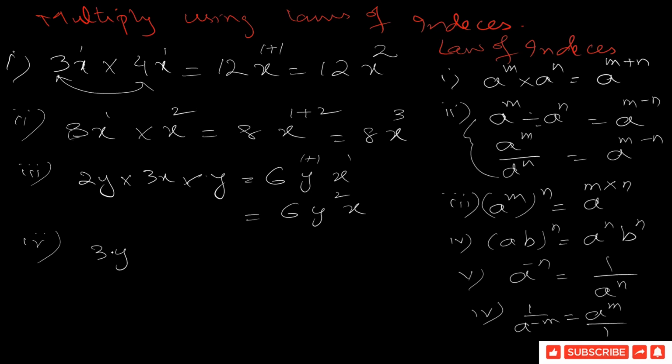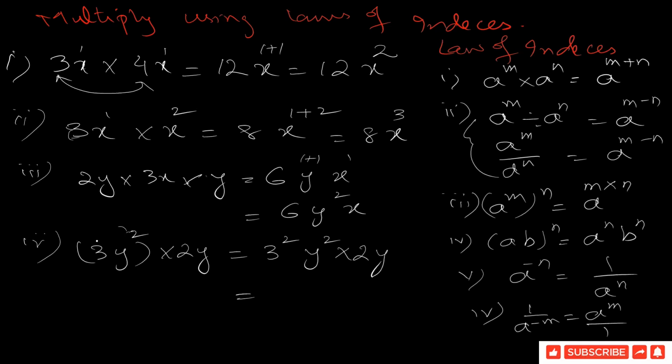Okay. Now next question: 3y squared times 2y. Here we are using two formulas, third and fourth. How? First of all, we apply the fourth one. You are multiplying this, making 3 square and y square times 2y. Why?